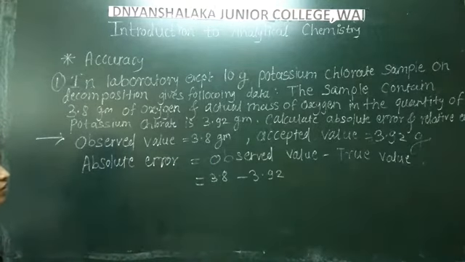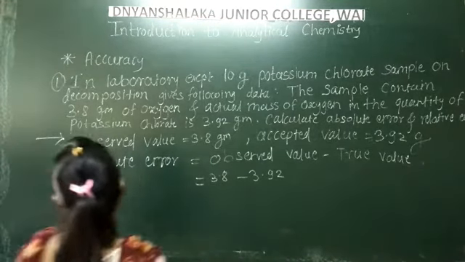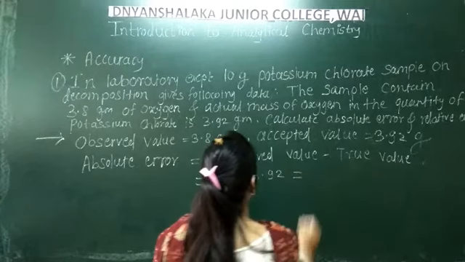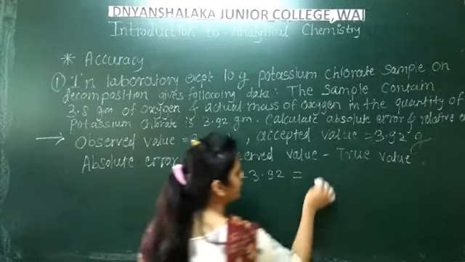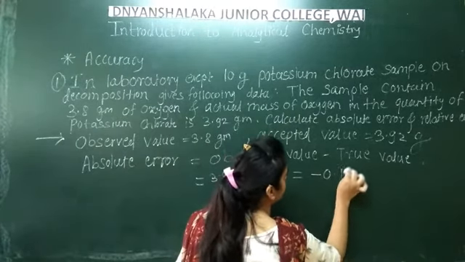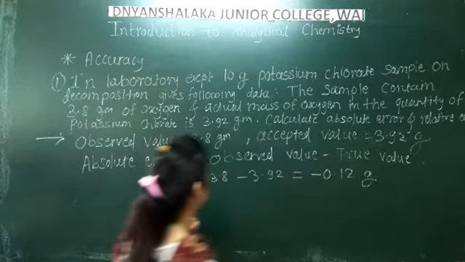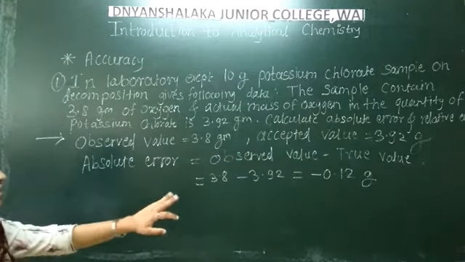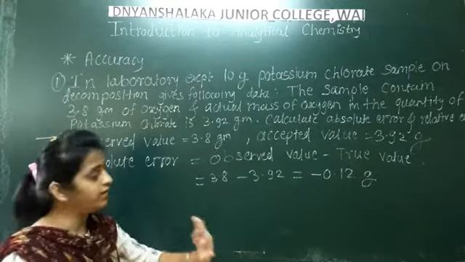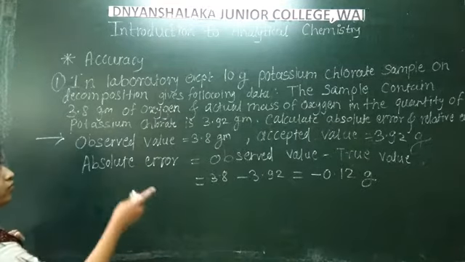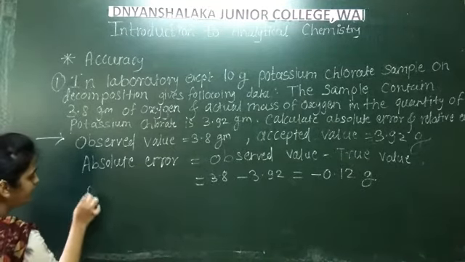On subtraction we get minus 0.12 gram. So the absolute error is minus 0.12 gram. Next we find the relative error.